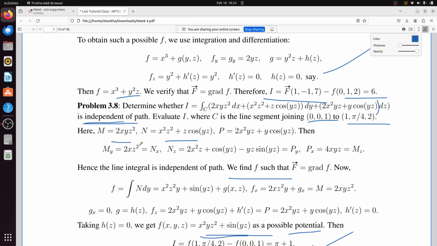Yes, sir. If you are getting the curl equal to 0, then you are 110% sure that you will get a potential at least. At the end of the day, you need to determine the potential. Okay, sir.